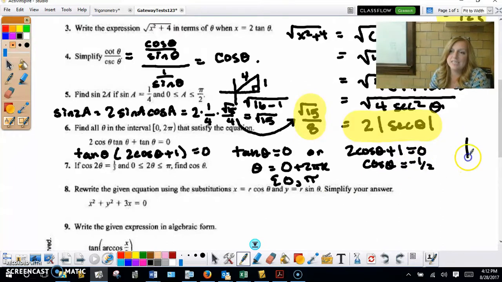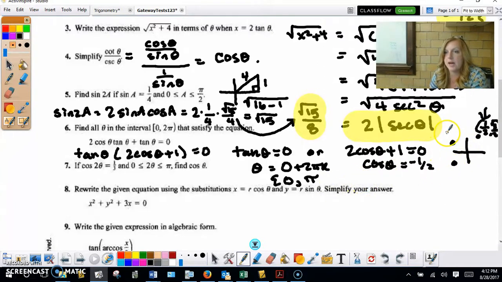Cosine is negative in quadrants 2 and 3 because of the negative x. We are in the pi over 3 family. It's the unit circle, and I know that the coordinates of the pi over 3 family are 1/2, square root of 3 over 2. Cosine is the x coordinate, so I need that. And I need the members in quadrant 2 and quadrant 3.